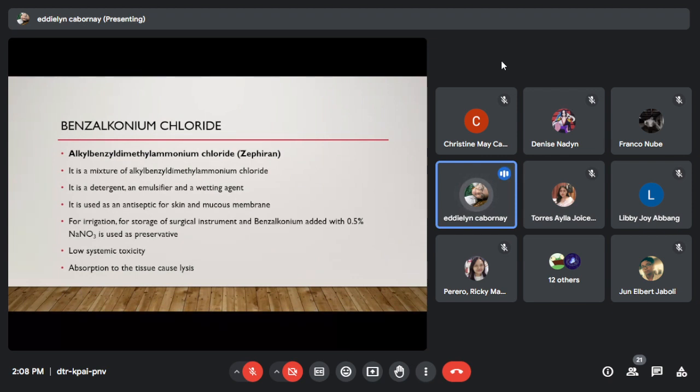It is used as an antiseptic for skin and mucous membrane, and also for irrigation and for storage of surgical instruments. Benzalkonium chloride is added with 0.5% sodium nitrite, which is used as a preservative. They have low systemic toxicity, and absorption to the tissue causes lysis.